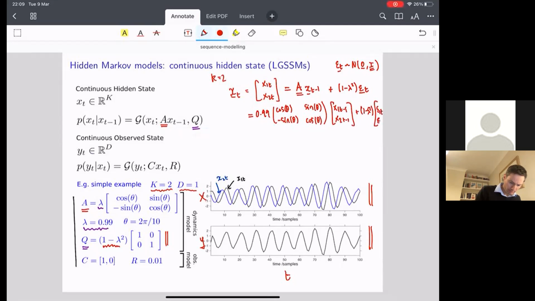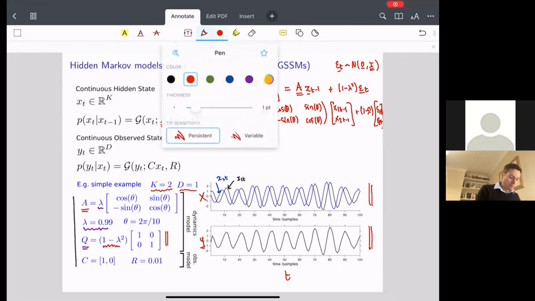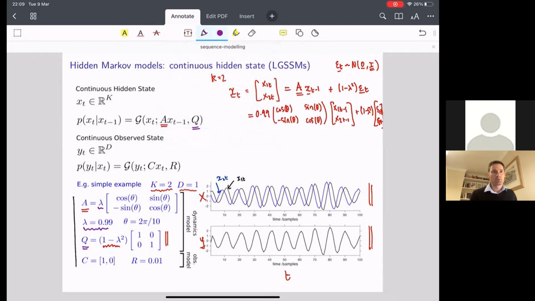Okay, so this is an alternative way of writing out the Markov model component of our model. One thing that hopefully has piqued your interest is that this thing in here is, of course, a rotation matrix.